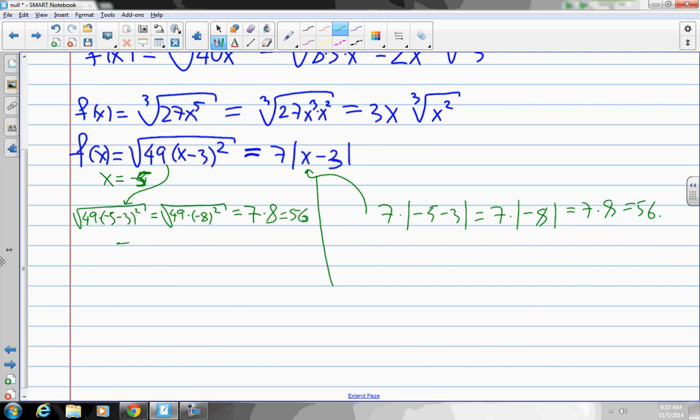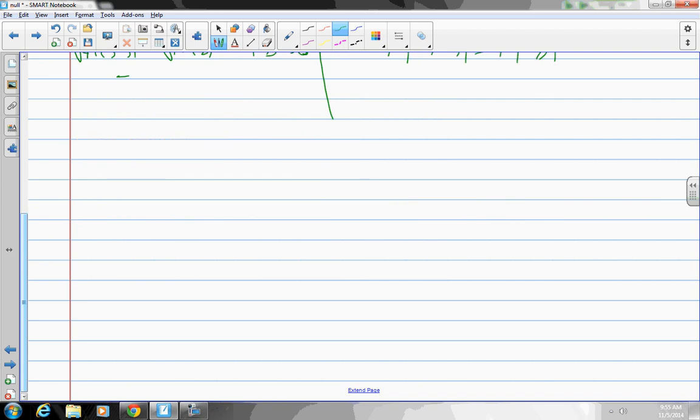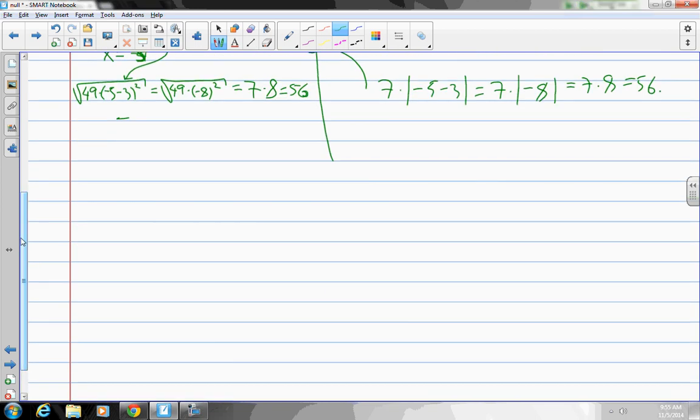Well, okay, good question. Let's try this example. F of x equals, let's say again, the square root of 5x squared minus 10x plus 5. So it looks like a pretty bad situation.